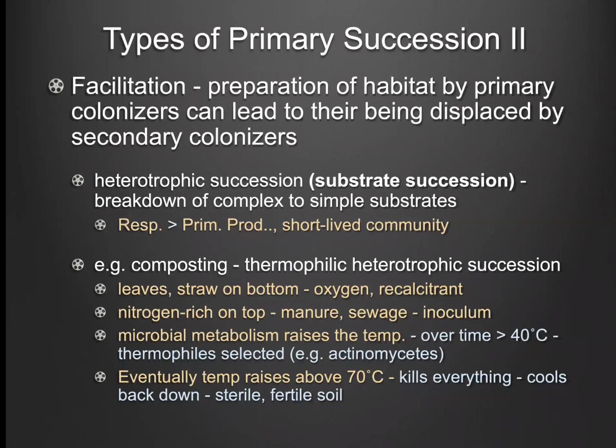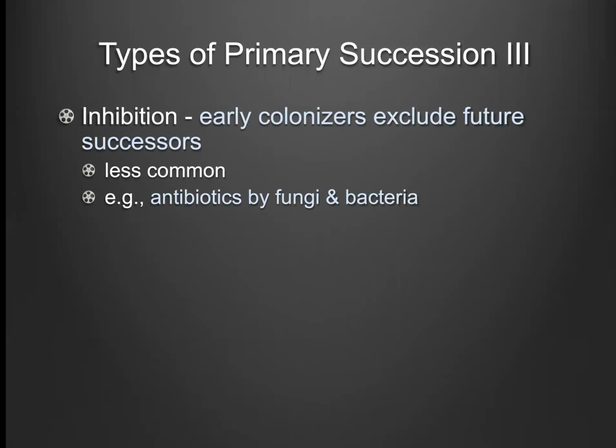All right. So another aspect of primary succession is the negative, right? You can make it better for others to live, so the compost was favorable for thermophiles until it wasn't. But for a good long while there it was, right? But you can also be inhibitory.